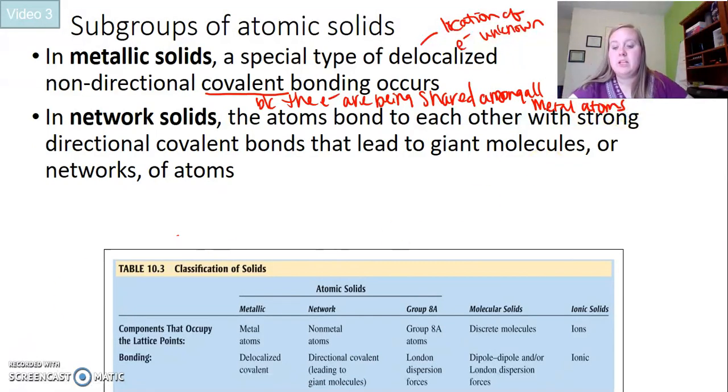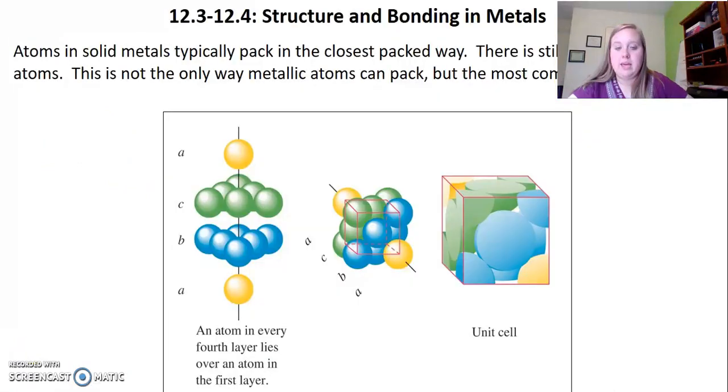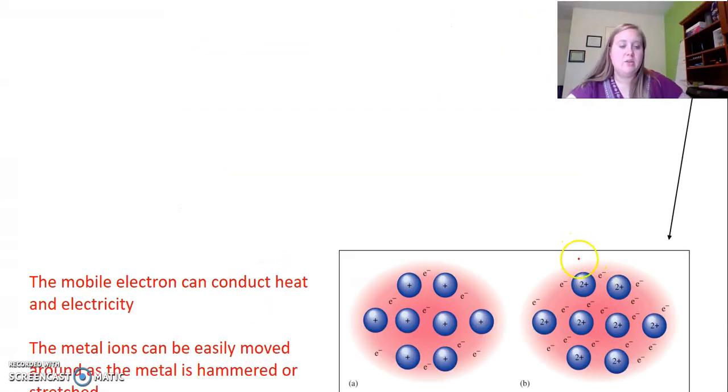Now we'll talk more about that in class, but just to give you a picture of what I mean by this, this picture is an example of what a metallic solid looks like. Each one of these electrons is delocalized, they're not in specific locations and move around, but all these electrons are being shared among all of the metal atoms. And so that's why we say that they're covalent bonds.